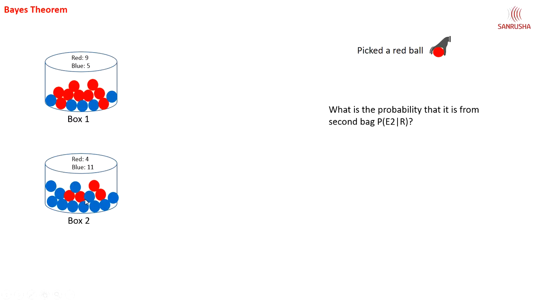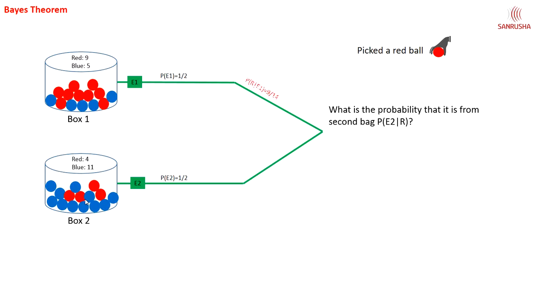So let's see what we have done in the previous problem. In the previous problem, we found out different kinds of probabilities, right? The probability of a ball being from box 1 or box 2, the probability of it being red from box 1, blue from box 1, red from box 2 and blue from box 2, and the total probability of it being red versus blue.